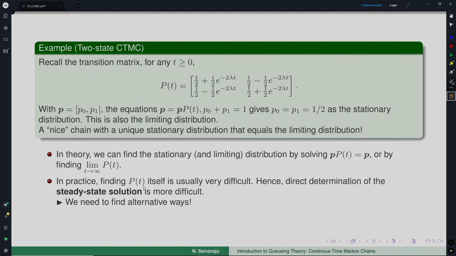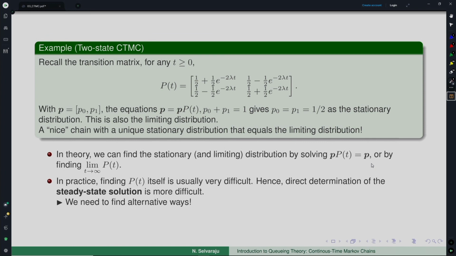Hence, direct determination of such a steady state solution, which is given by the stationary distribution or a limiting distribution, is not a very simple job. Direct determination means you obtain p of t, and by taking its limit or by using this system you obtain the stationary distribution, which is the limiting distribution, which is what you ideally want.